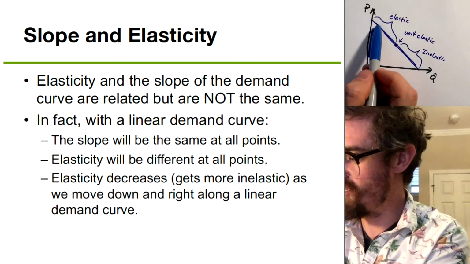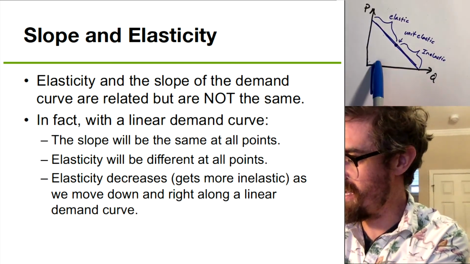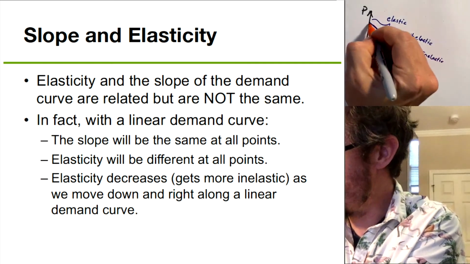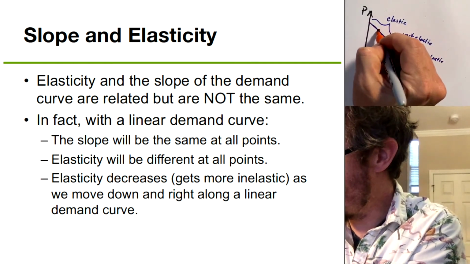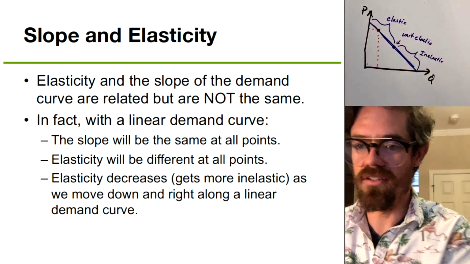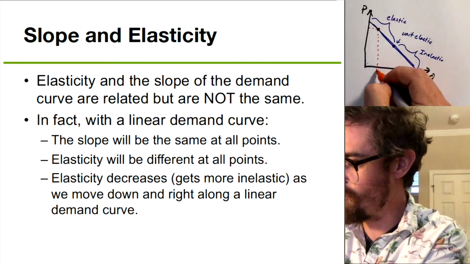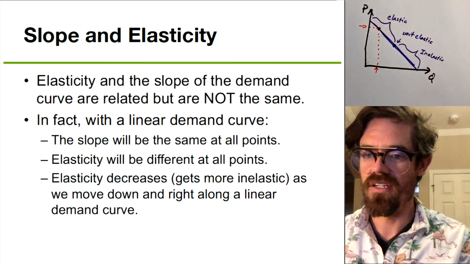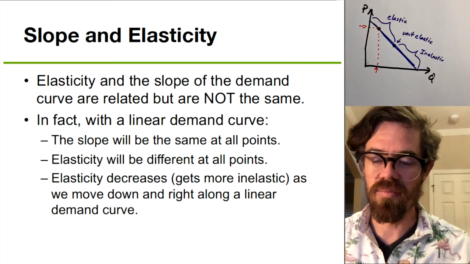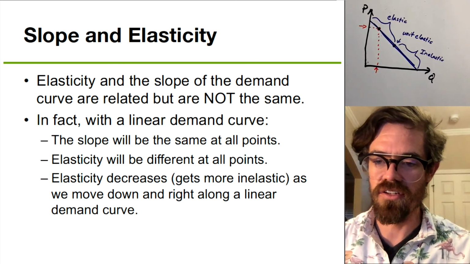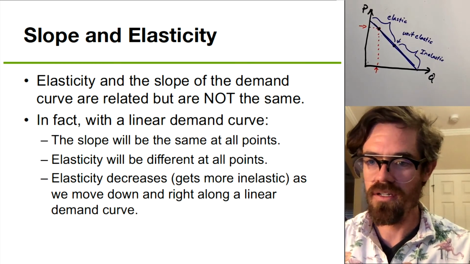because in this region, prices are relatively high, right? Let me just pick a point in that region. Prices are relatively high compared to quantities. So the reference point for your quantity is relatively small, and the reference point for your prices is pretty high. And because of that, the numerator is going to end up being larger than the denominator, and so you get an elasticity that's greater than 1.